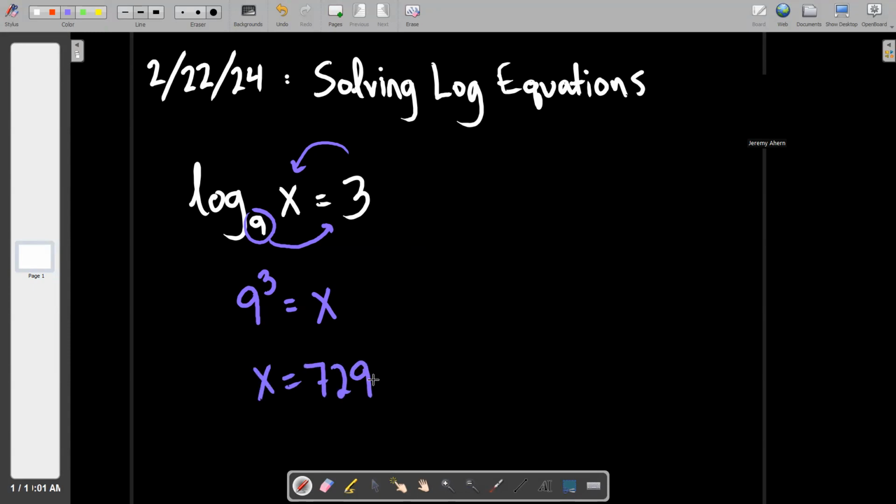There's going to come a point in time, not today, and I'm only going to mention this and breeze past it, where we're going to start getting extraneous solutions. You'll remember those from absolute value equations, where we would solve them and sometimes get 2 answers and one of them wouldn't work.